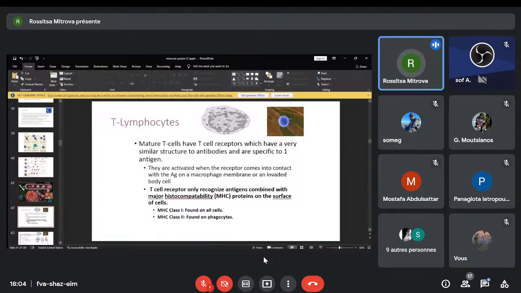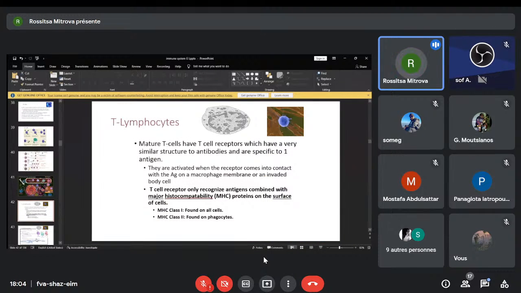So I decided to show you T lymphocytes. Mature T cells have T cell receptors, which have a very similar structure to antibodies and are specific to one certain antigen.